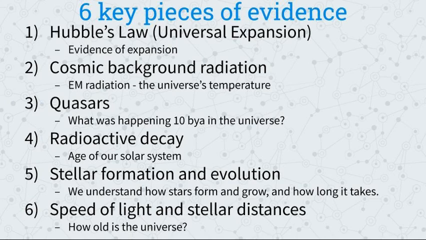For each of the events that we talked about this week, you should be able to work out which evidence matches with it. So, if your event is that the universe is expanding, what's our evidence of that? If your event is this is when the universe started, what's our evidence of that age? You're probably going to use some of these pieces of evidence in more than one place. And you might find that you've got more than one piece of evidence for your time points.